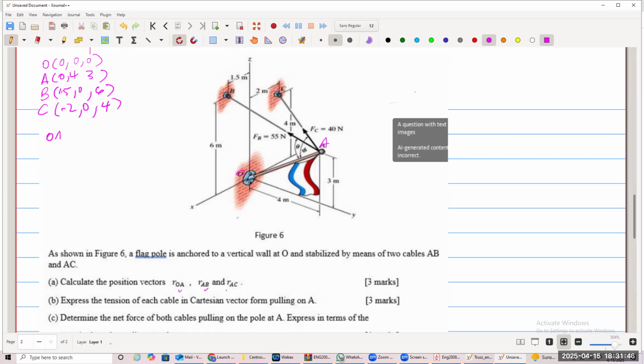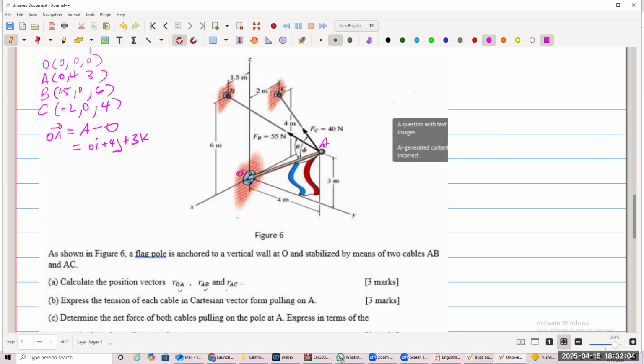So you could go ahead now and write anything you want to write. OA is really equal to A minus O, so it's really A. It's actually 0i plus 4j plus 3k, right? And what else do they want us to find?